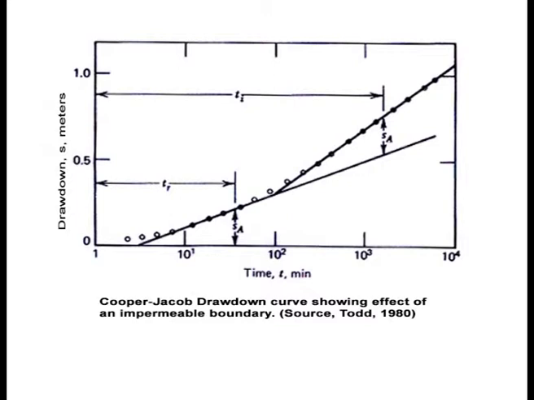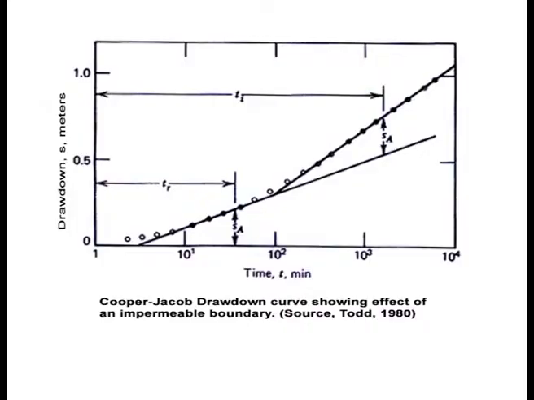So the slope of the straight line, you see, if this straight line is continuous, there is no break in the straight line, it means that our aquifer is of infinite areal extent. Suppose there is a break in the slope, meaning there are two straight lines. This indicates the presence of an aquifer boundary underground.